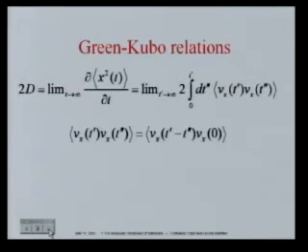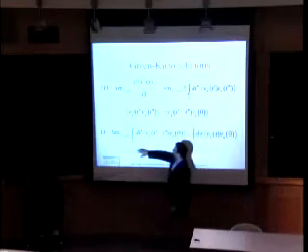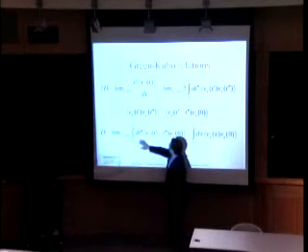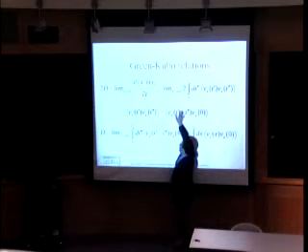Let me write it over here and remove the factor of 2. We have that the diffusion coefficient is written as this integral. We can exploit translational invariance in time.